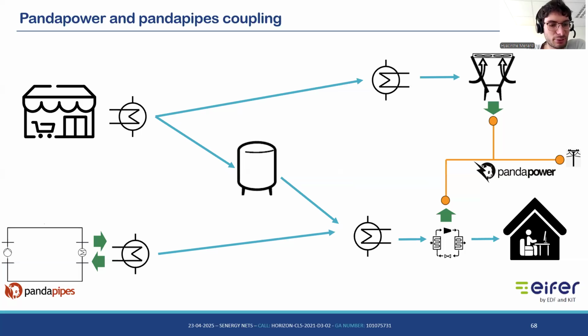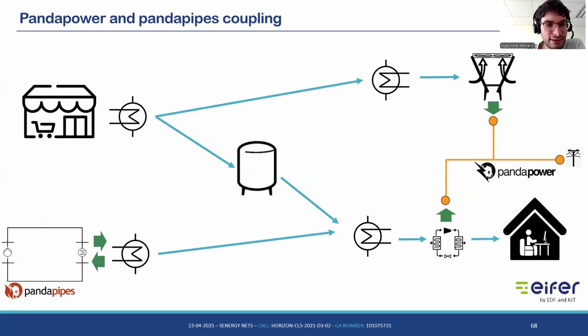On the left, I will create a very simple distributed network model with Panda Pipes. Of course, I will not model the whole distributed network of Paris for this use case, it would not be useful. So I create a very simple one with a supply pipe, a return pipe, a circulation pump, and a heat consumer. And I create a coupling between this heat consumer and my heat exchanger in Panda prosumer.